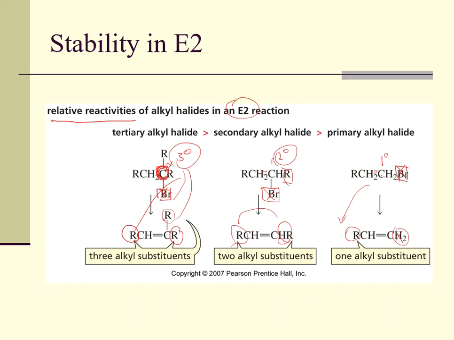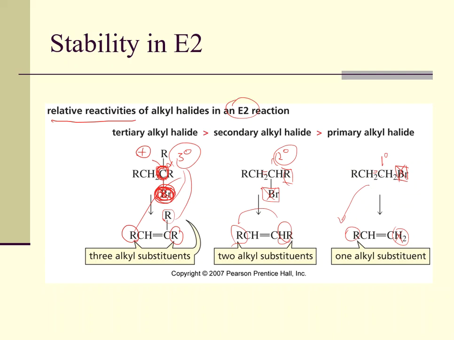Another way to keep this in mind, don't even bother, folks, with the double bonds. If this bromine decides to leave, what we have created is a tertiary carbocation before the double bond exists. We know that tertiaries, as far as carbocations go, are the most stable.